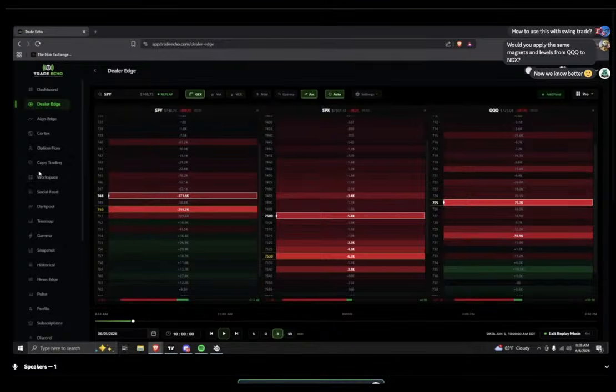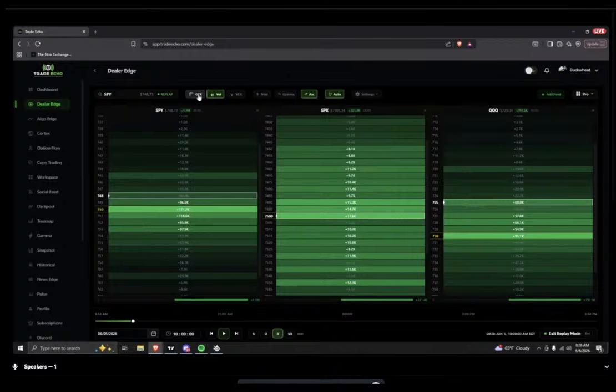So what open interest in Dealer's Edge is telling us is how many option contracts are still open at that specific strike. It's telling us where traders are heavily positioned. So if a strike has a lot of open interest, that level can really become important because dealers may try to hedge around it.